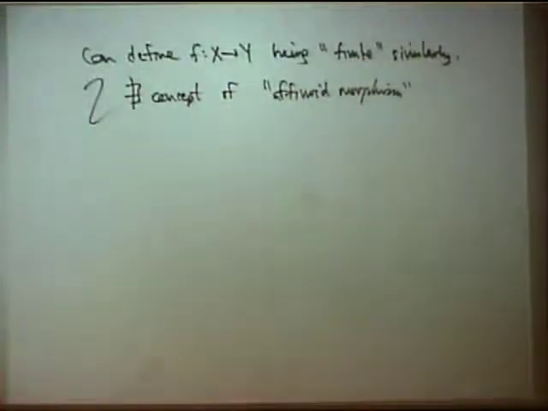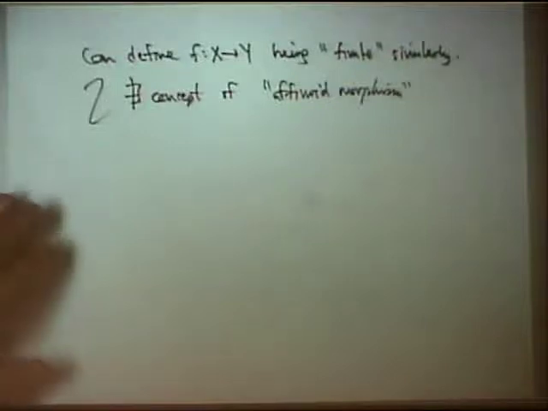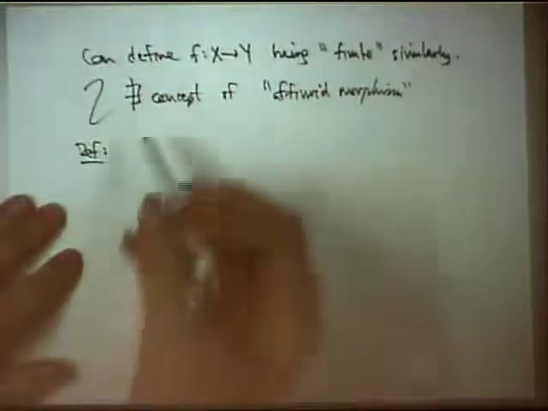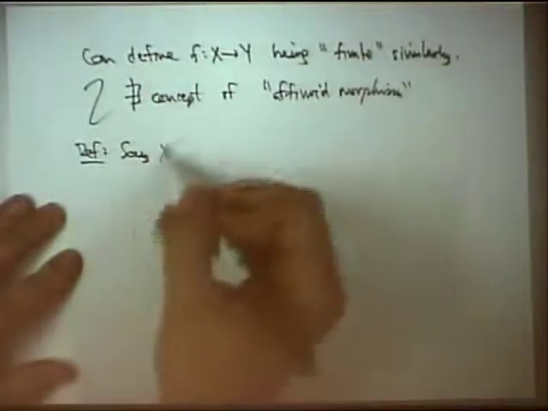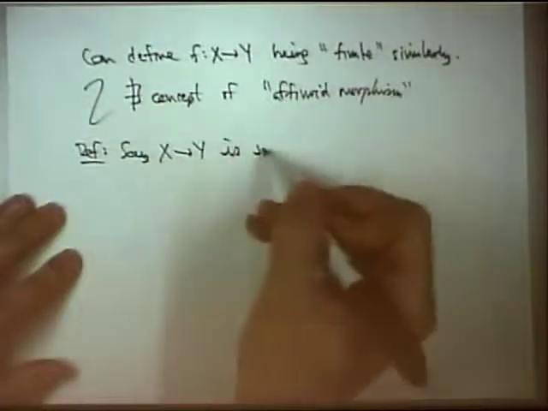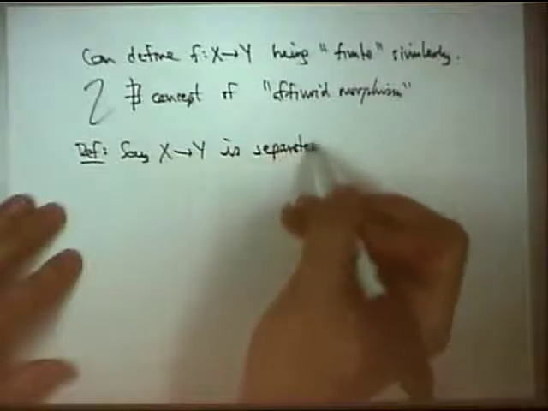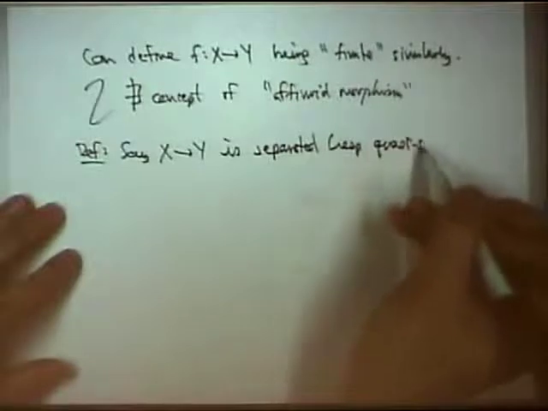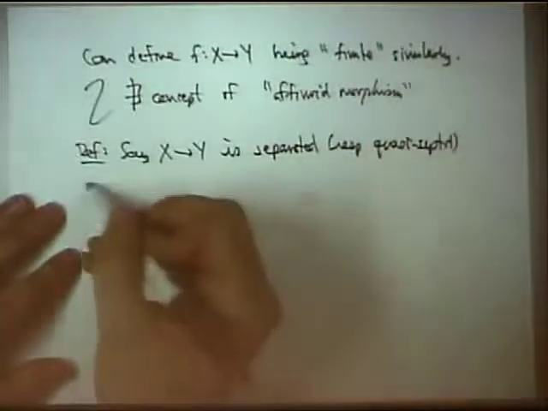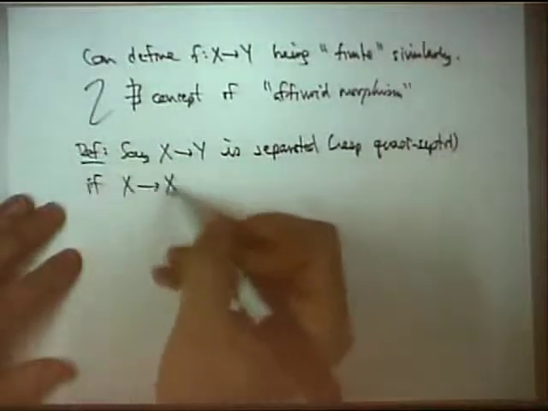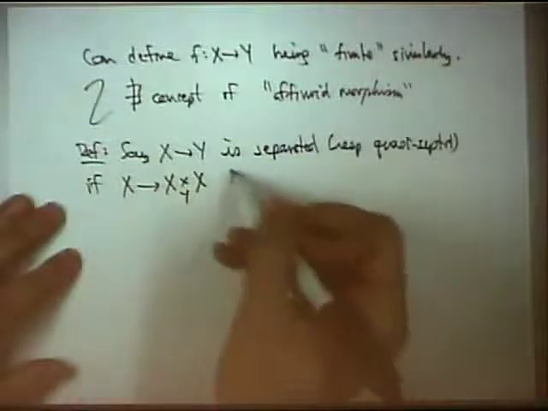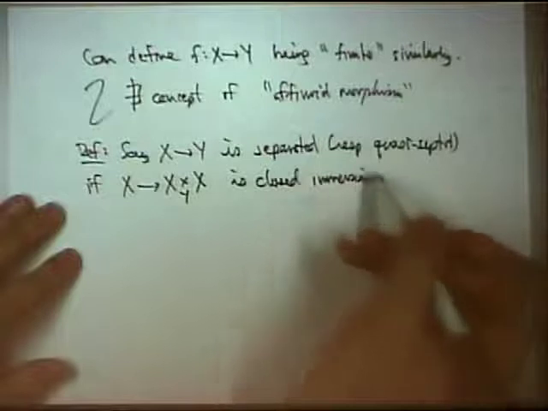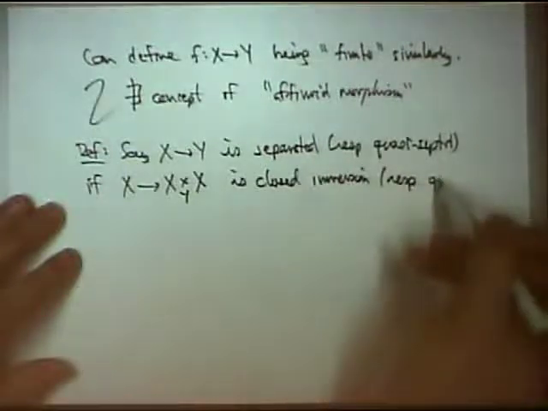And let me just mention, since I've discussed closed immersions, another important notion is separatedness. And this, again, goes exactly as in the classical case. So we'll say that X to Y is separated, or respectively quasi-separated, if the diagonal map, just using the rigid notion of fiber product, is a closed immersion, or respectively is a quasi-compact map.